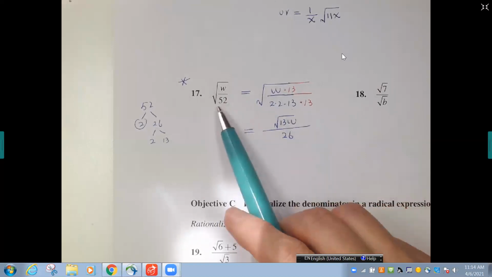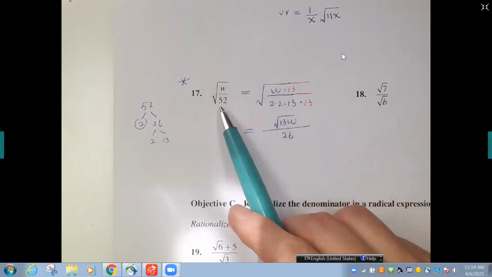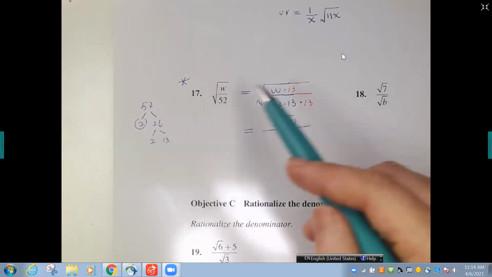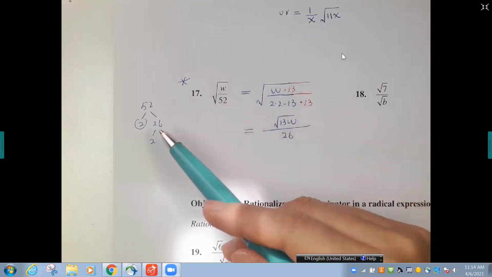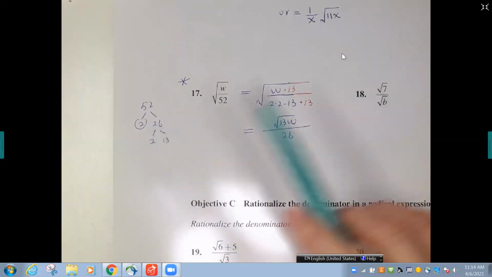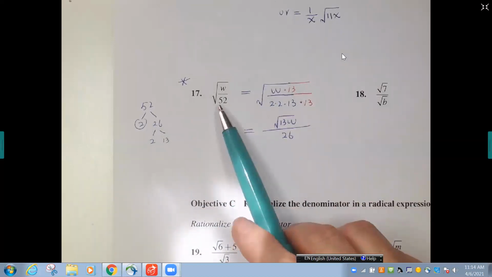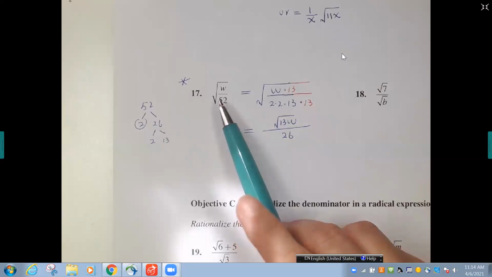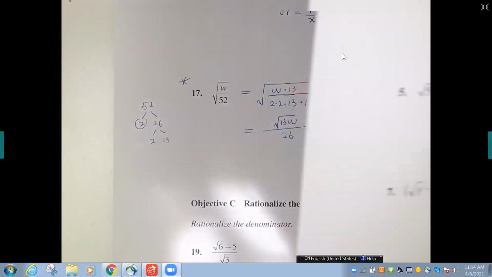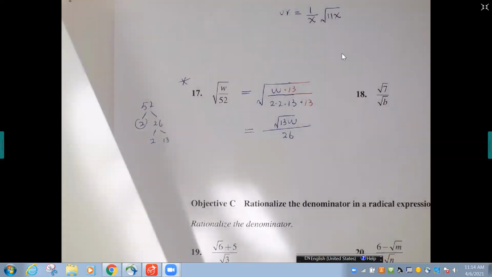If we do not multiply by the smallest number, we will have to simplify the fraction later, and that will involve a lot more steps. So no rush. All right. So if we have a number, always factor it.